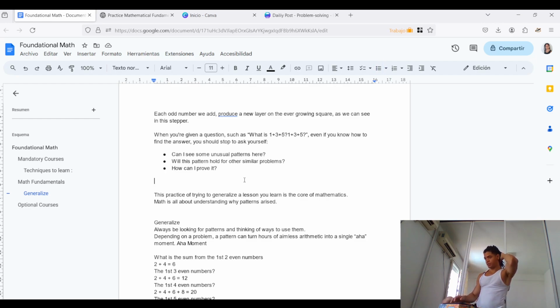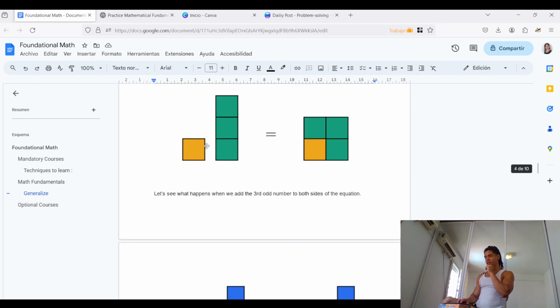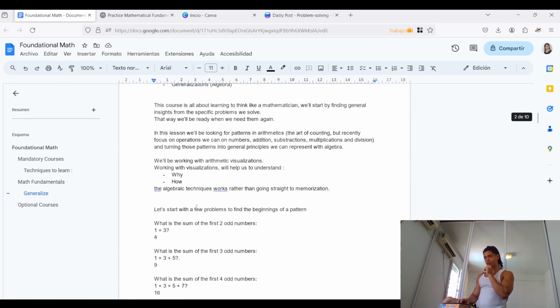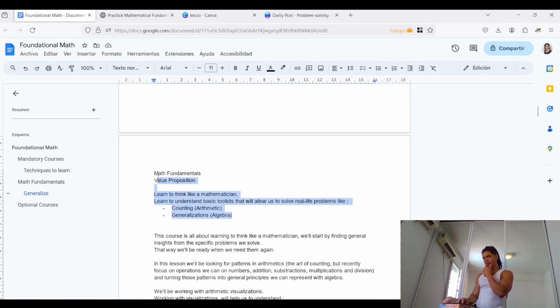So the value proposition here, from mathematics, according to brilliant.org, the math fundamentals value proposition: learn to think like a mathematician.